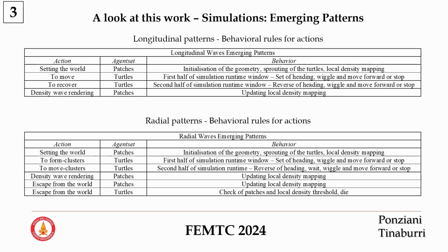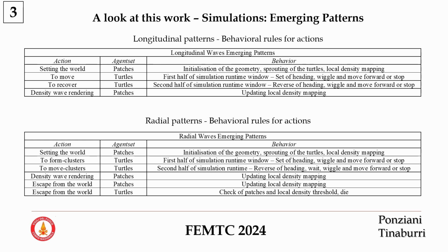We can have a quick look at the behavioral rules for actions in the longitudinal and radial patterns. So, the actions are performed by which agent set and what to do: setting the world, moving to recover the density rendering in the longitudinal patterns, and radial patterns that are different, for example, because there is the forming and moving of clusters and escaping from the world with some different, of course, behavior.